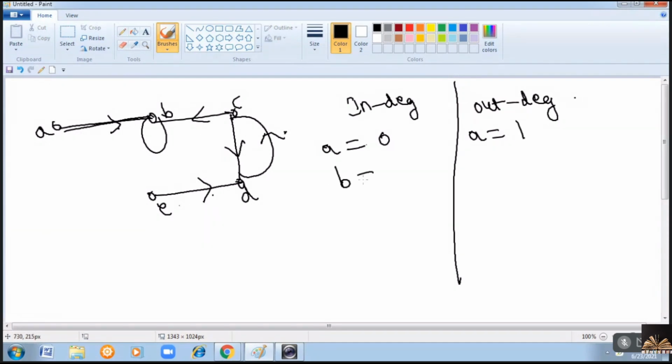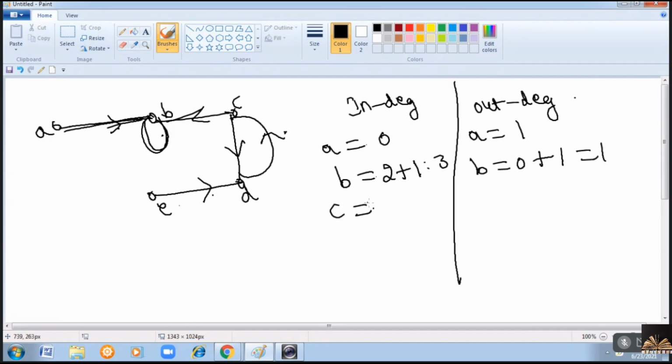Now B. How many are coming to B? 1, 2. Plus there is a loop, right? So this loop contributes 1 in the in degree and 1 in the out degree. So first of all, we'll see how many edges are going from B. There are no edges. So 0 plus 1. This loop will contribute 1 in the out degree. So it is 3 and 1.